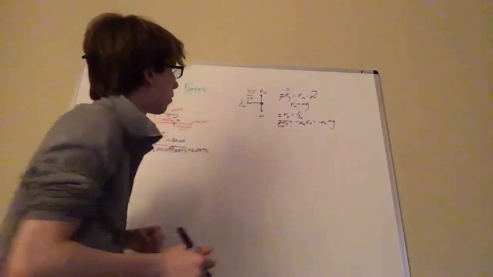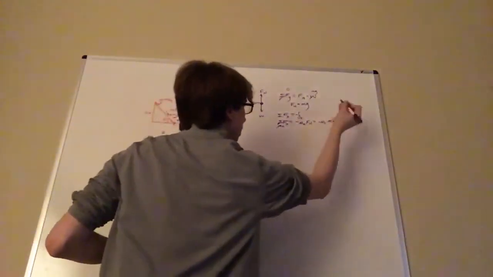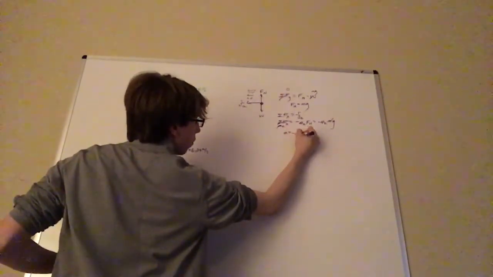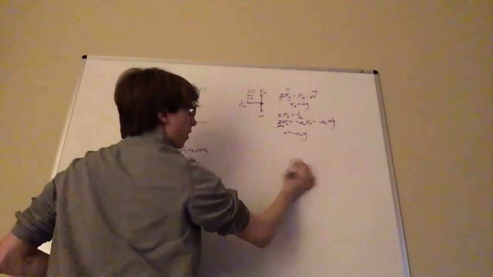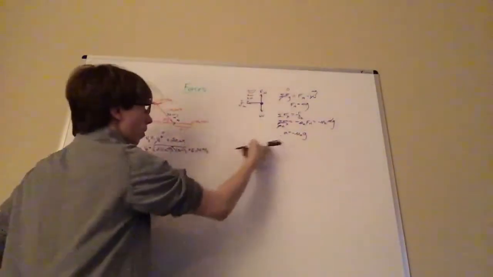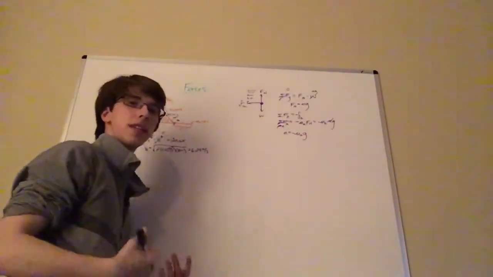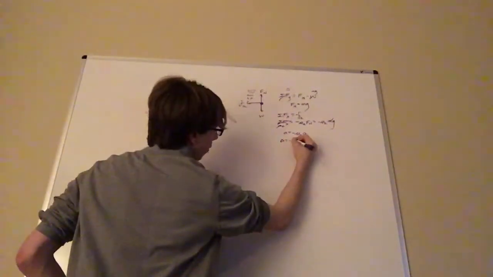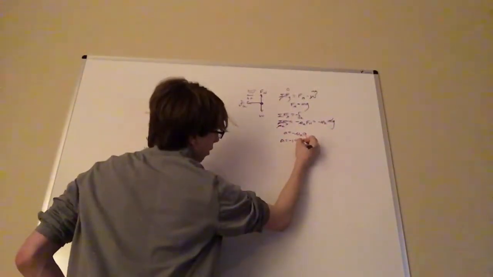And now we're just going to cancel out the mass, and we're left with the acceleration is equal to negative mu k times the acceleration due to gravity. And our mu k is 0.1, our acceleration due to gravity is 10 meters per second squared, so our acceleration is equal to negative 1 meter per second squared.